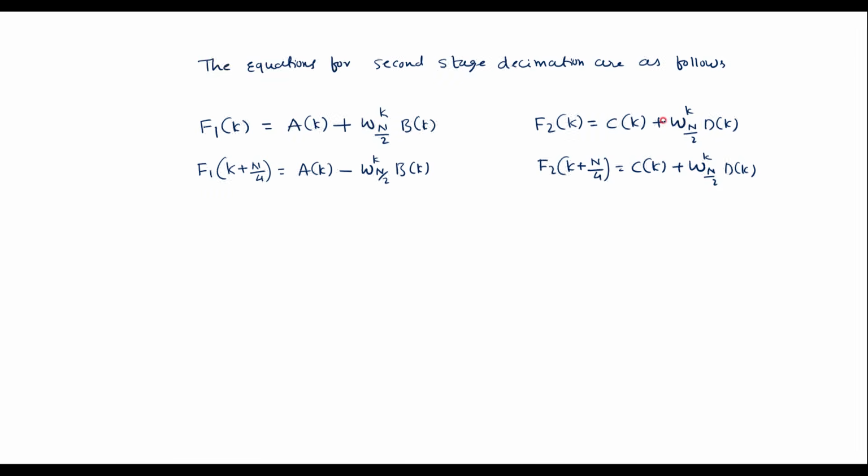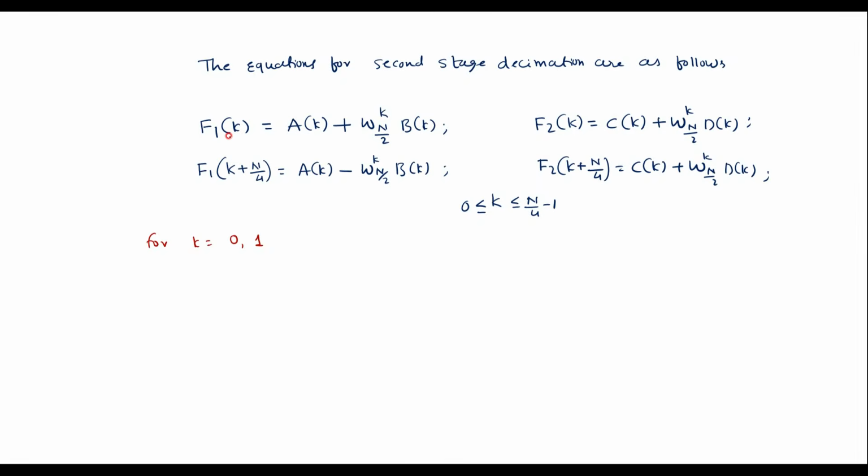So here, in all the cases, k will be less than or equal to n by 4 minus 1, and greater than or equal to 0. So now I can write second stage outputs for k equal to 0 and 1.